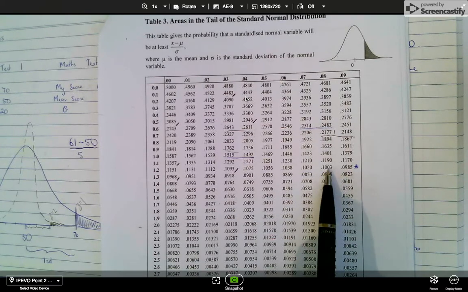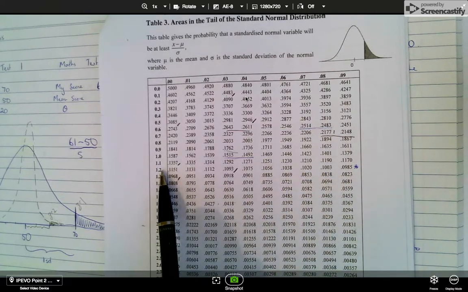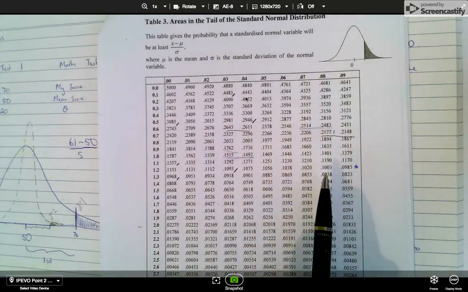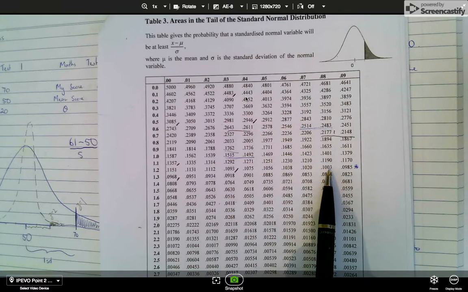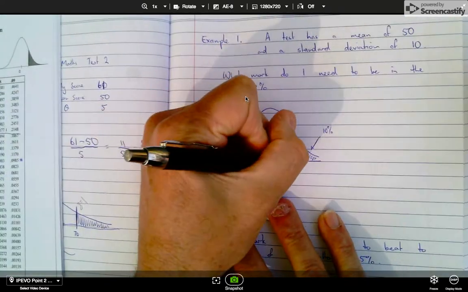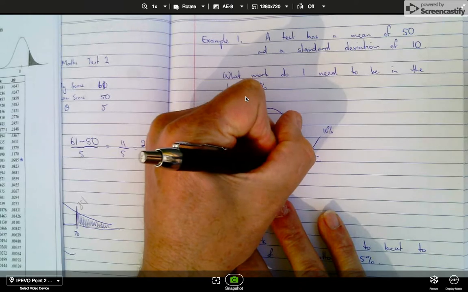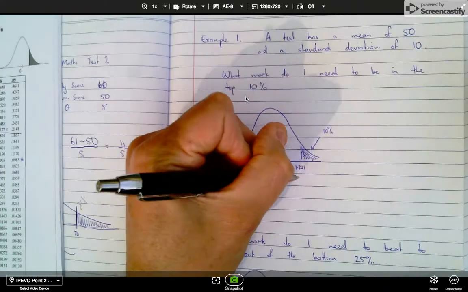So we're somewhere in between here, which is 1.28, and it's a little bit towards 9. So I'm going to say 1.281. Now, it's not too much of an issue, but I'm going to call it 1.281. So the Z score we want here is 1.281. So that's our Z score.